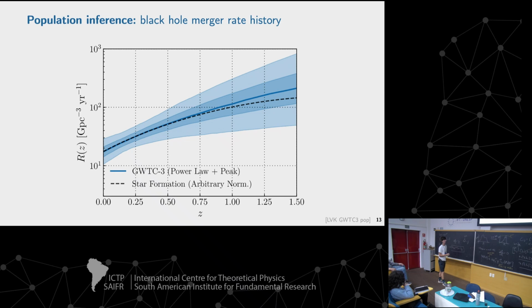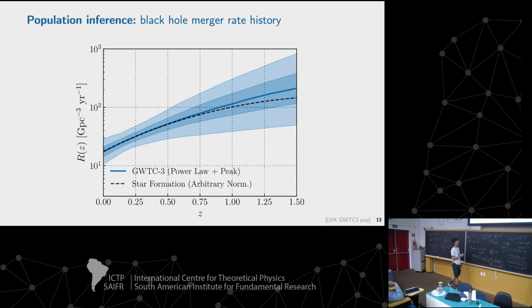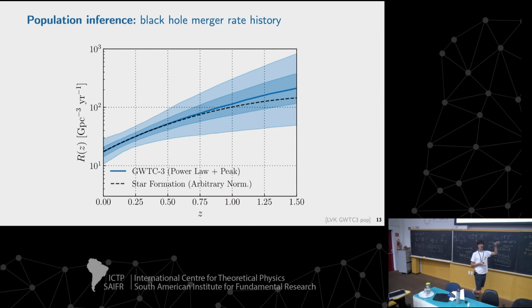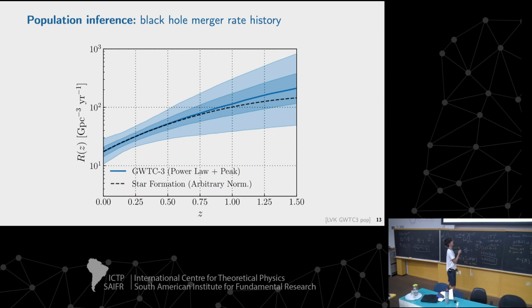So this is our inference of how many binary black holes are merging as a function of time. This has large uncertainties, but the main takeaway is that we already have evidence that the merger rate is increasing as a function of redshift.